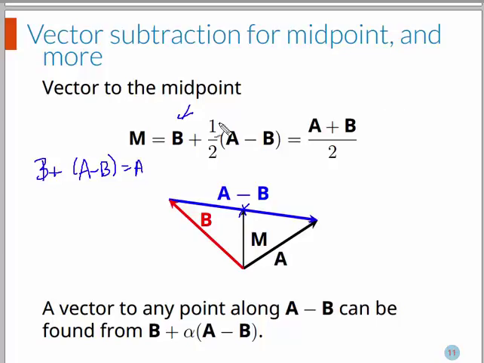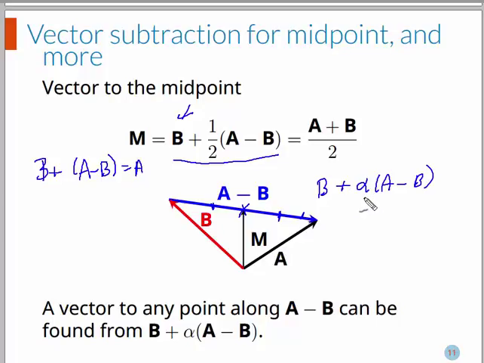But using this idea, you could get any point along this line. I'll write this equation again, plus alpha times A minus B. So if I use alpha to be 1/3, I would end up being 1/3 of the way down this line. If I have it 2/3, I've got over here to 2/3, 9/10, I'm going to be here.